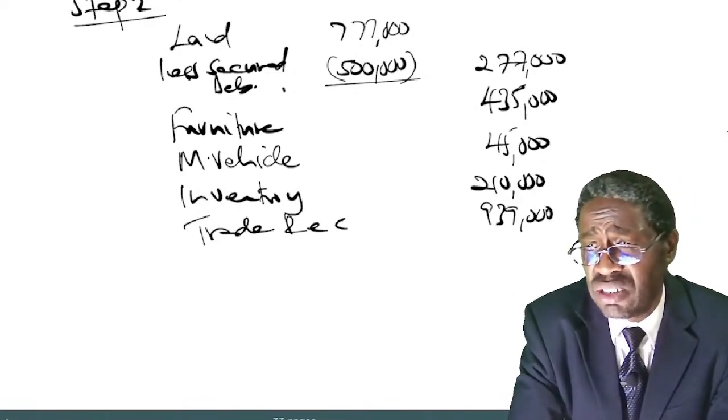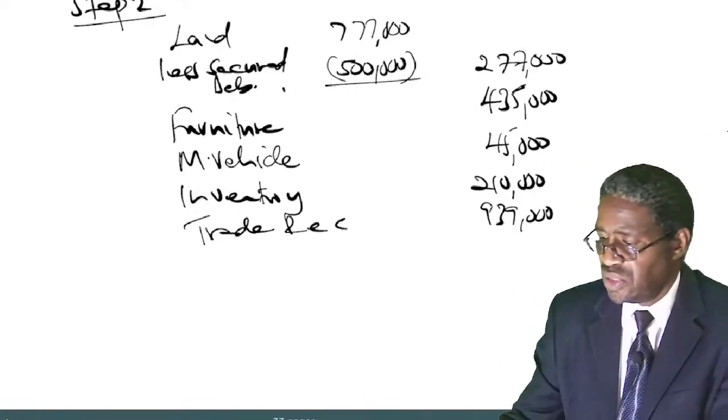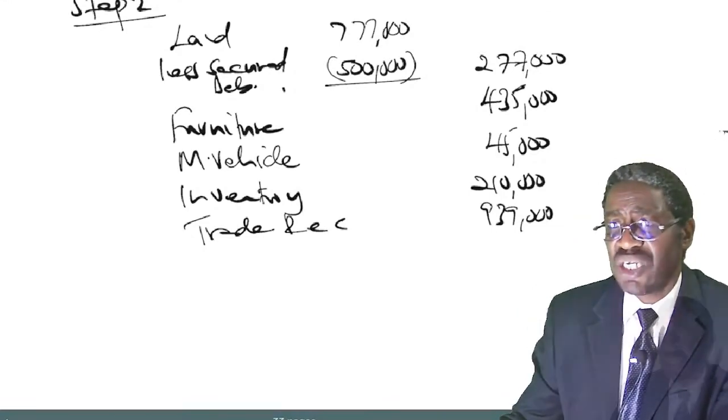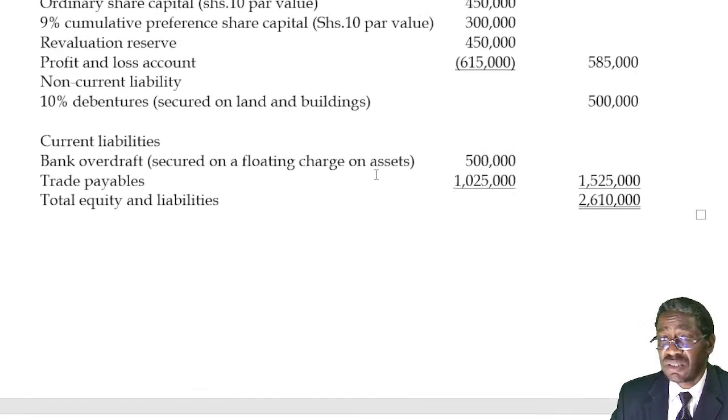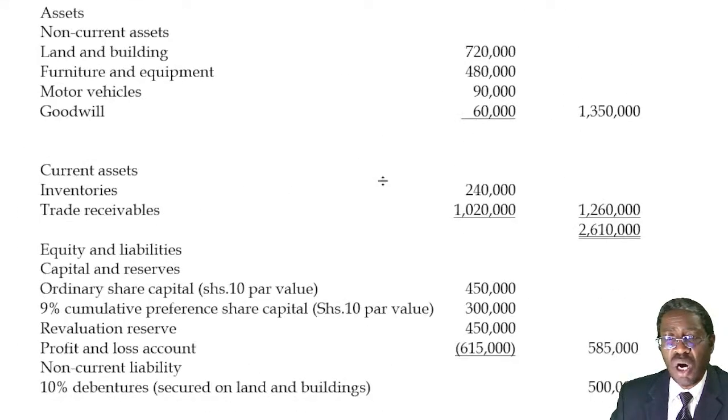It's already liquid. So let's go to the balance sheet and we check whether we have an asset called cash and bank among the current assets. If you look at the current assets, we only had two assets, inventory and trade receivables. There was no bank, no cash. Otherwise, if some questions have it, add it.